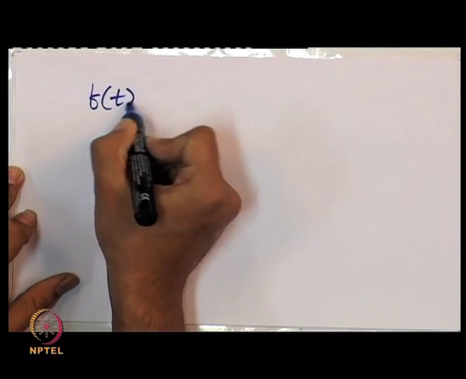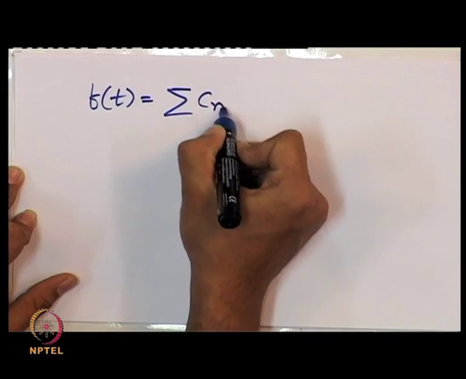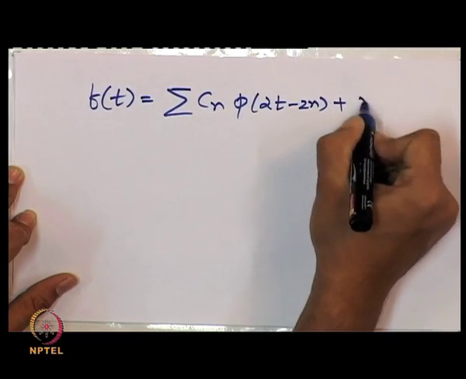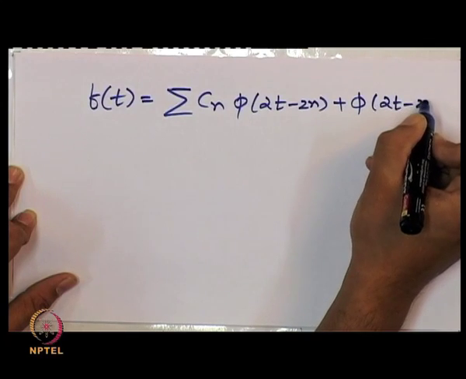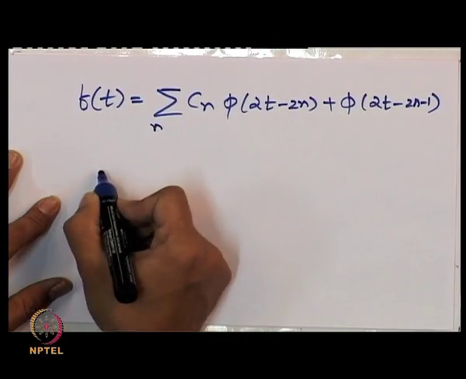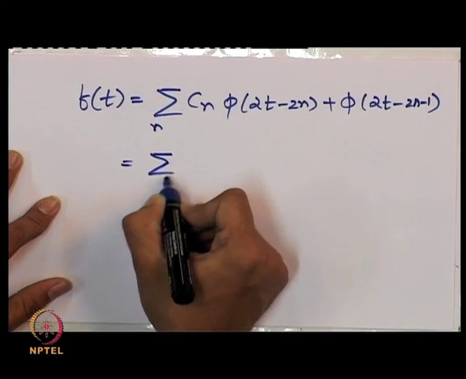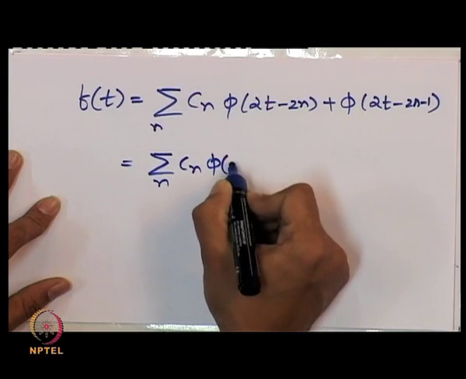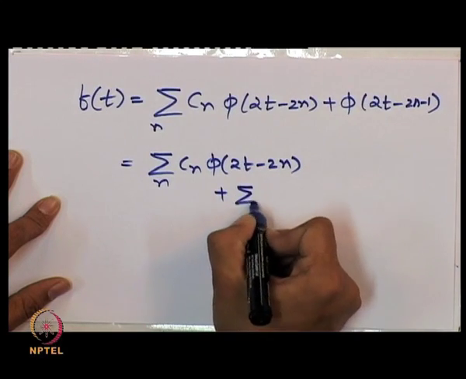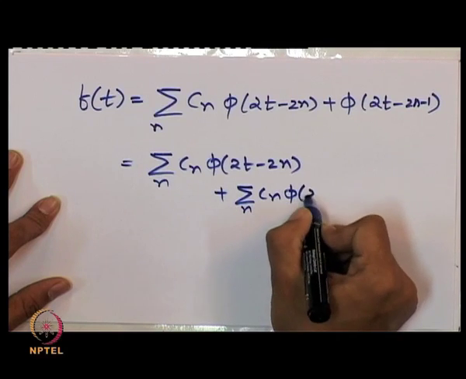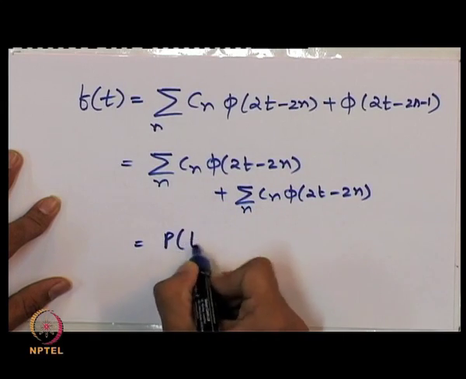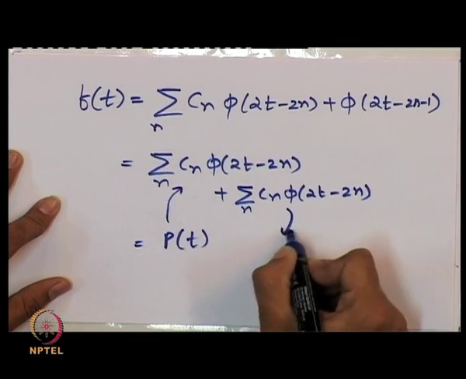Then f t is equal to sigma c n times phi 2t minus 2n plus phi 2t minus 2n minus 1, which is equal to sigma n c n phi 2t minus 2n plus sigma n c n phi 2t minus 2n minus 1. Let us call the first p t and the second q t.